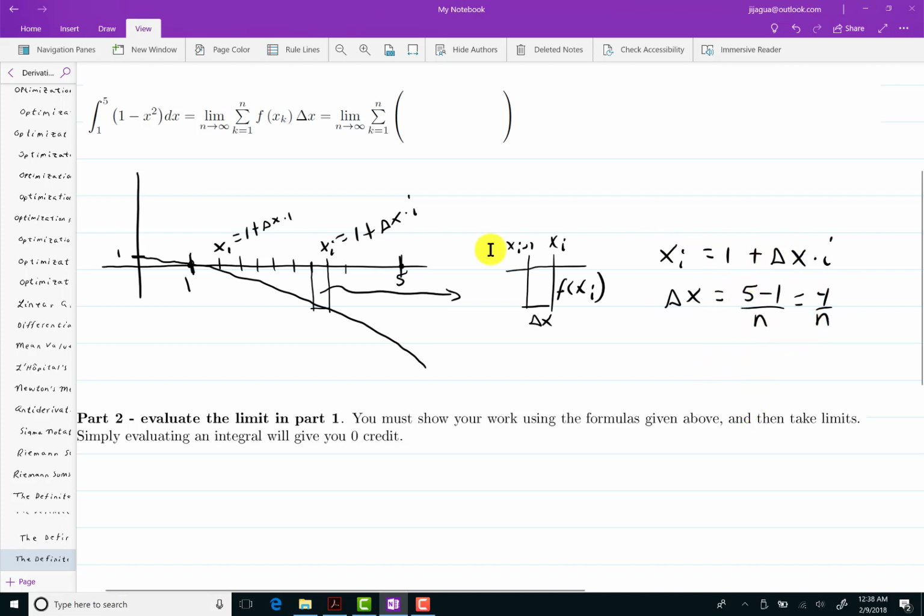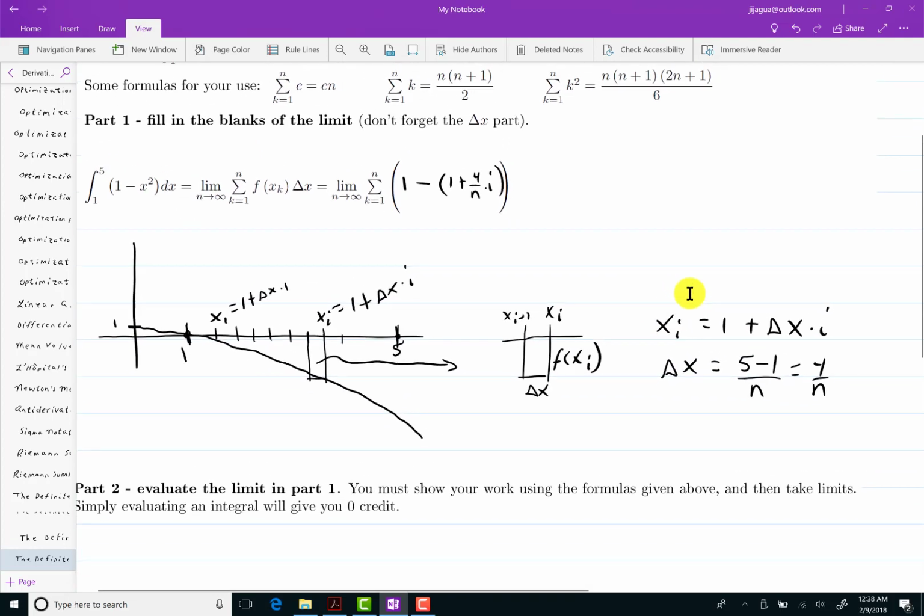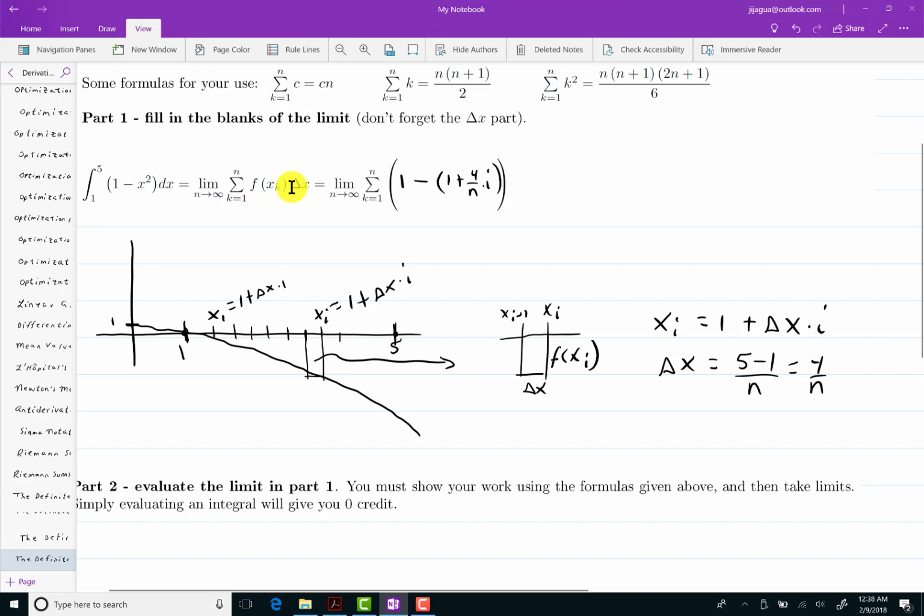So in here, then, what's the function? I will replace x with this stuff here. So I'll have 1 minus 1 plus 4 over n times i. Now it also cautions, don't forget the delta x part, which is the part that comes after the sum. This is squared. Let me make myself some more room in here.